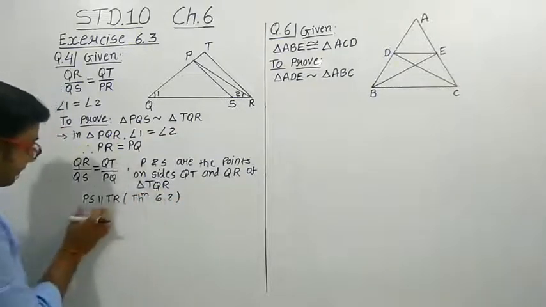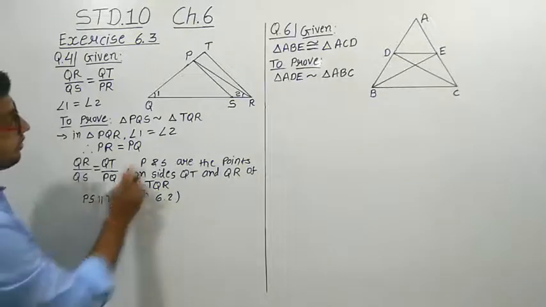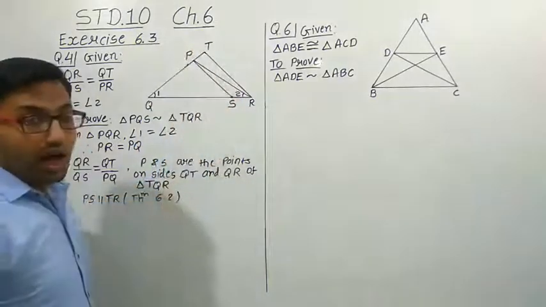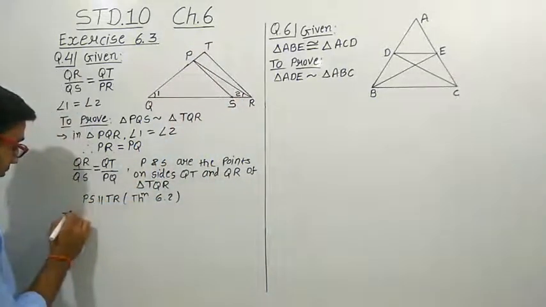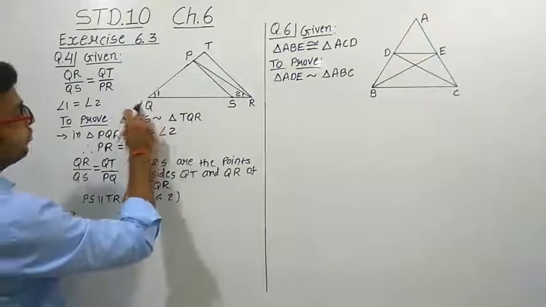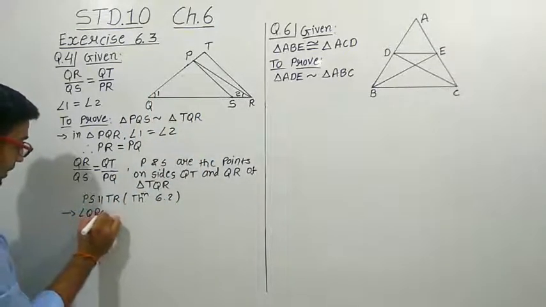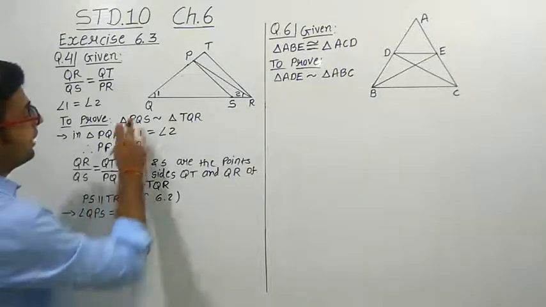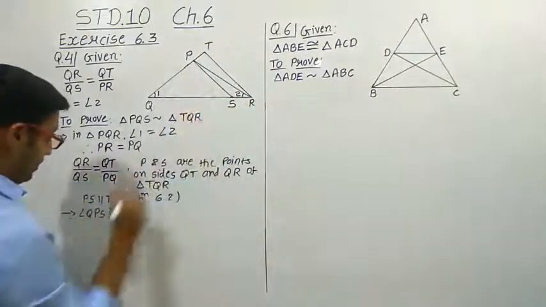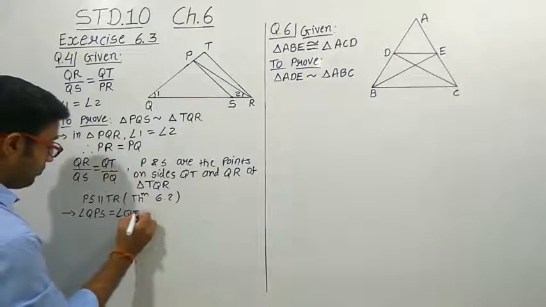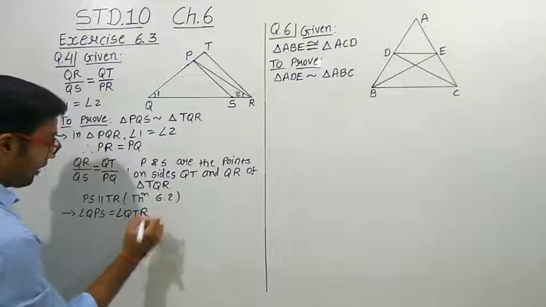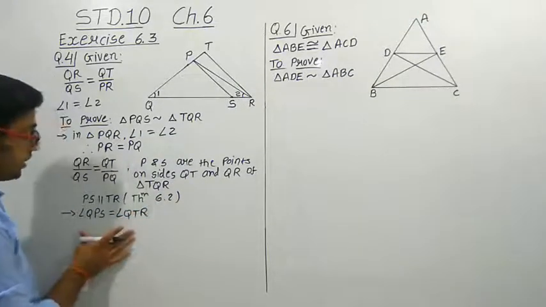So here, as PS and TR are parallel, we can write that angle QPS will be equal to angle QTR. Why?